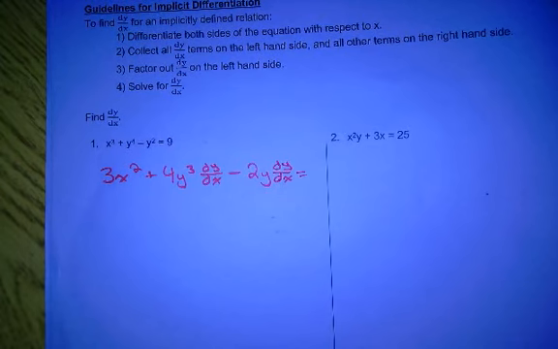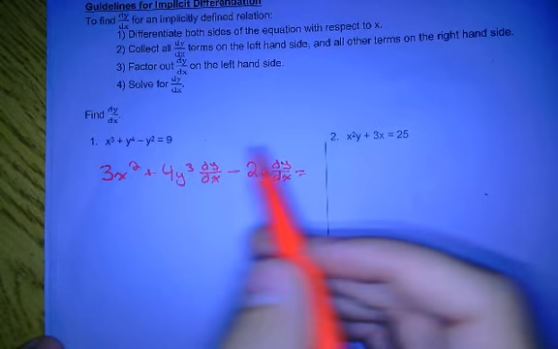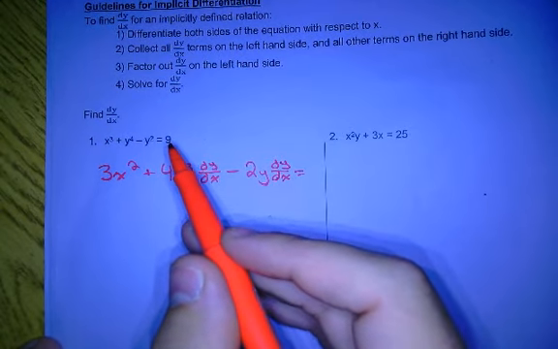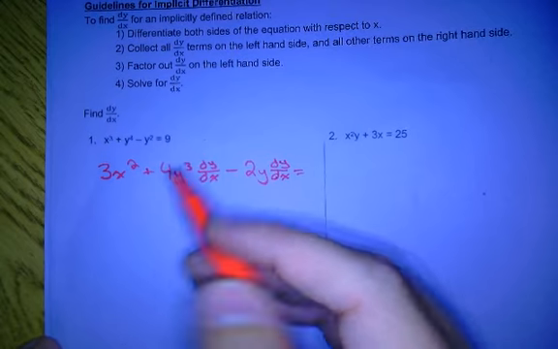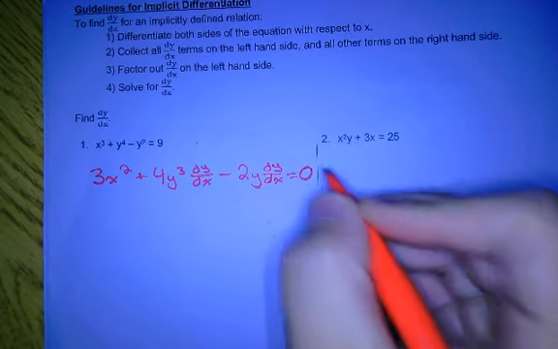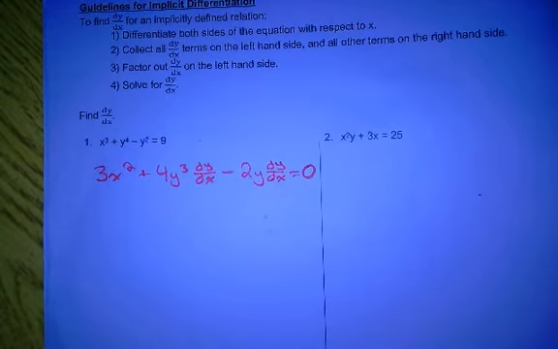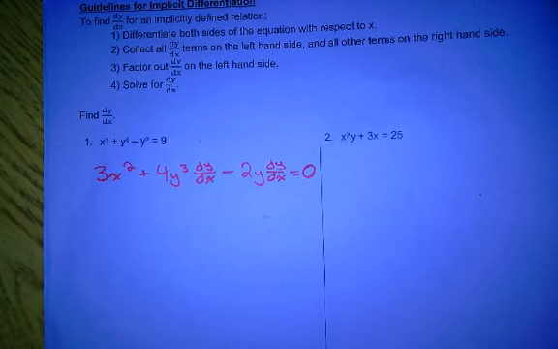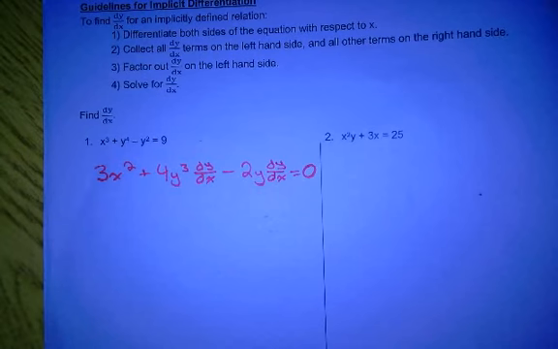I cannot tell you how many kids will mess this up. They'll just put equals 9. They'll forget about taking the derivative of that. It equals 0. That is a common mistake. For implicit, the 2 most common mistakes are forgetting to do product rule and derivatives of constants are zeros. We good over there?